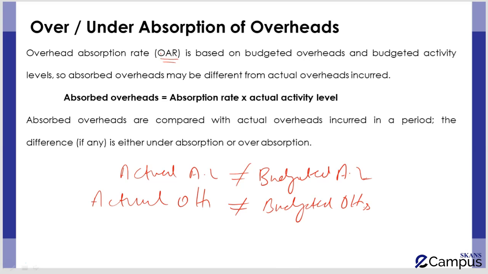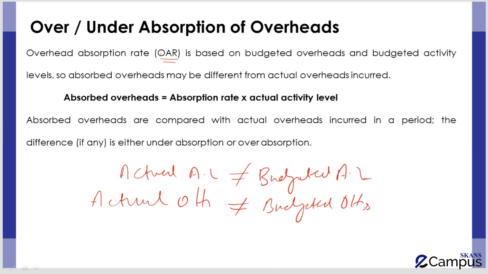There is only one situation in which under or over absorption is nil, and that is when actual activity level equals budgeted activity level, and actual overheads and budgeted overheads are equal. Only in this situation can we say there is no under or over absorption.